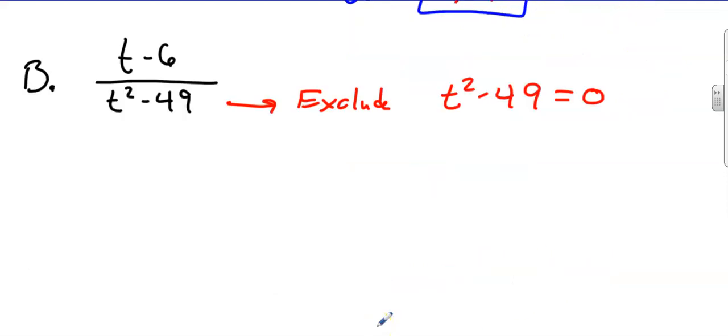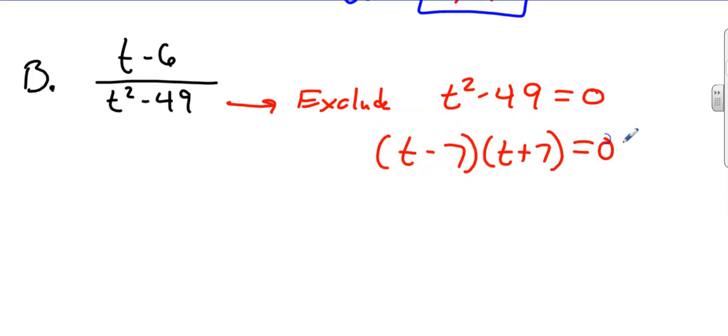Okay, and same setup. We're going to take whatever the denominator is, and that's the parts we have to exclude. We're right back to the two terms here again. There is no greatest common factor, but those are perfect squares. So when you factor, one's a t minus 7, and the other one's a t plus 7.